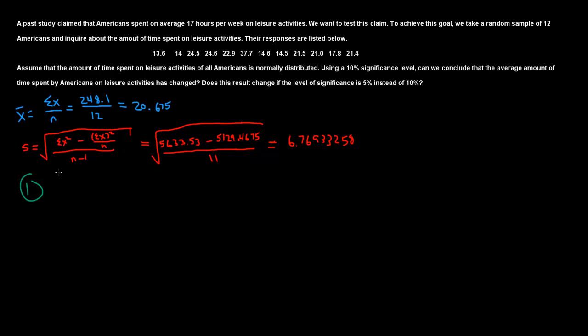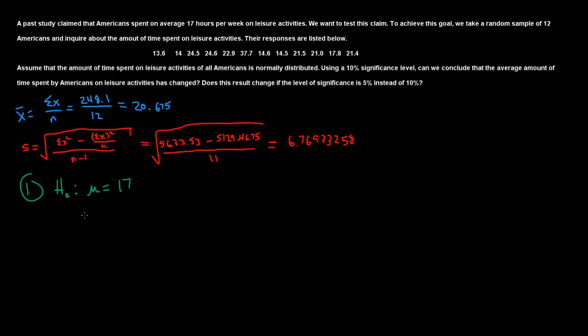The last study found that Americans spend 17 hours a week on leisure activities. So that defines our null hypothesis. Remember, that is H naught, H sub 0, that is that mu equals 17 hours.